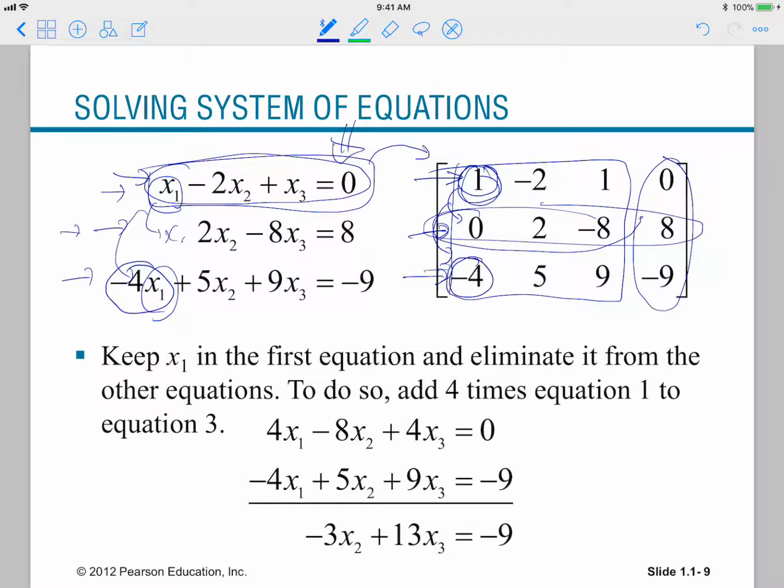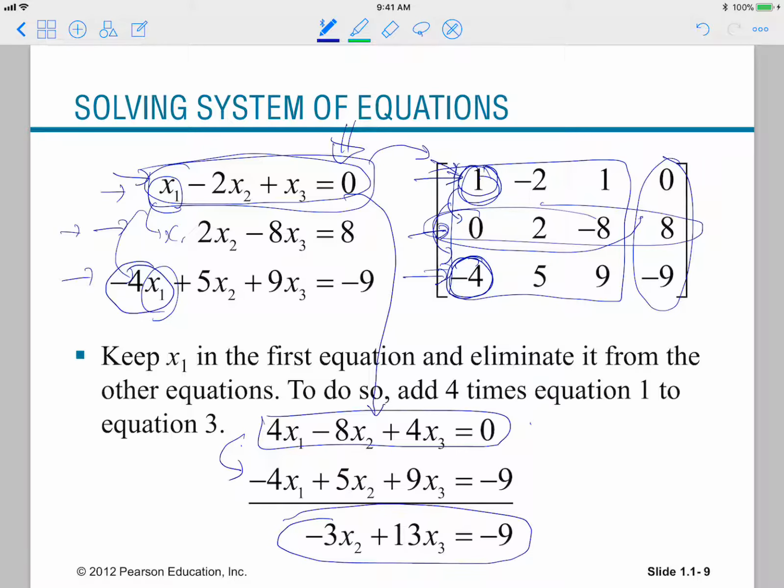So in order to remove this term, we just multiply the first equation by 4, and thus this becomes this, and then we just add them together with the third equation, which results in this equation, okay? And then we use this equation in the place of this third equation. So we throw away this third equation and now use this new equation, okay? So in principle, this equation and this equation are the same kind of equation, but this one now has no x1 at all, right?